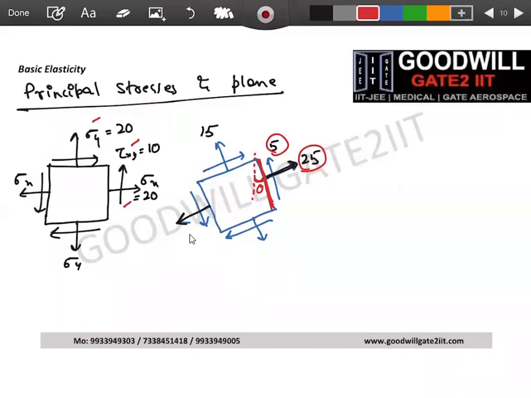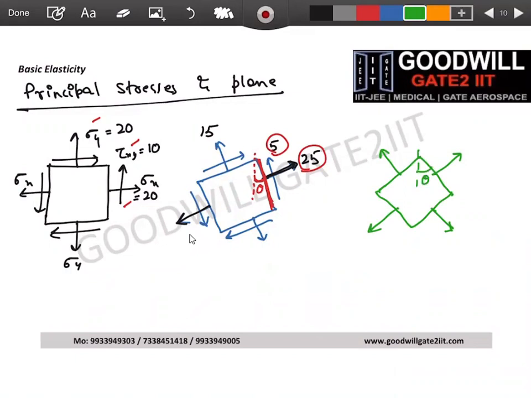All right. Now what I'm going to do is, in the next case, rotate it even more. Now this stress will be different. This will be different. This will be different. And this angle is some different theta from vertical.